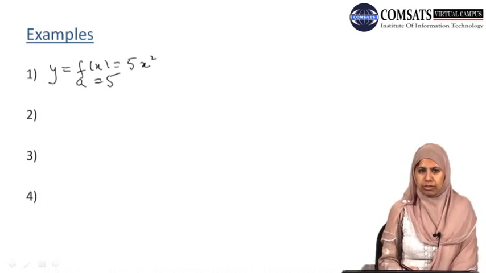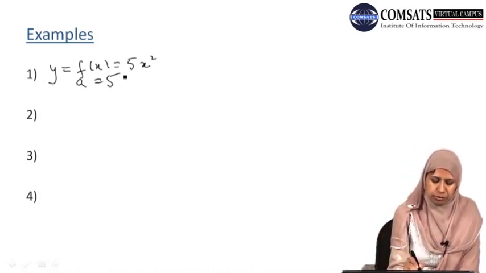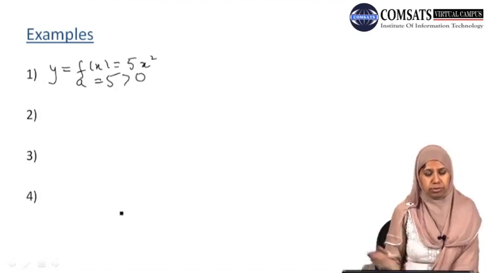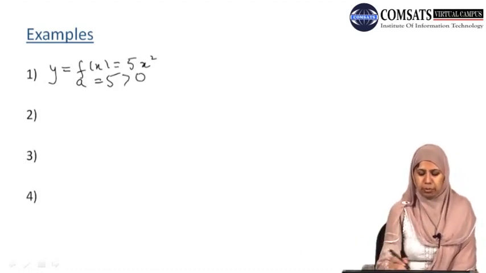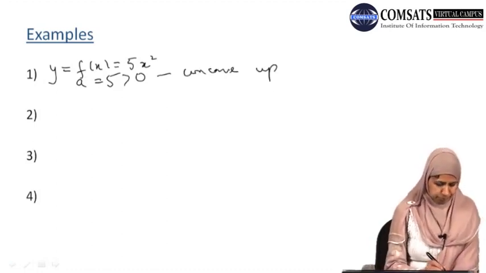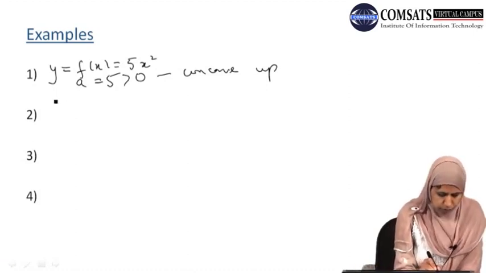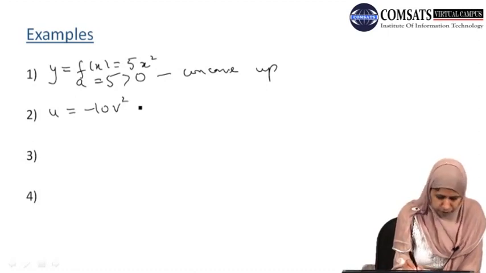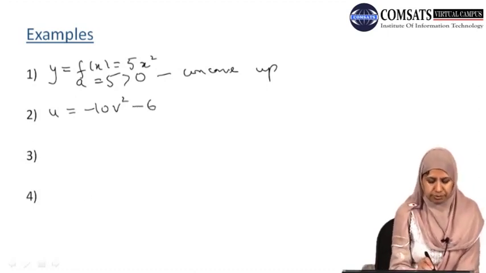But to find the concavity, we are only interested in a. Here a is equal to 5, which is positive. So the parabola will be concave up.